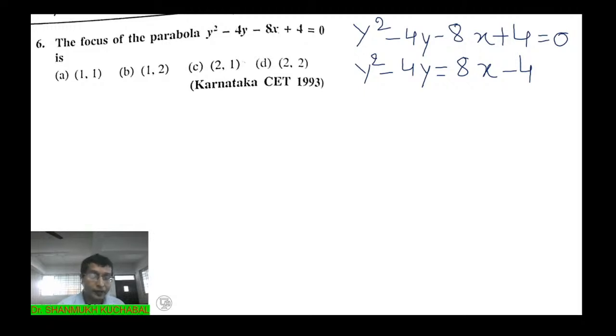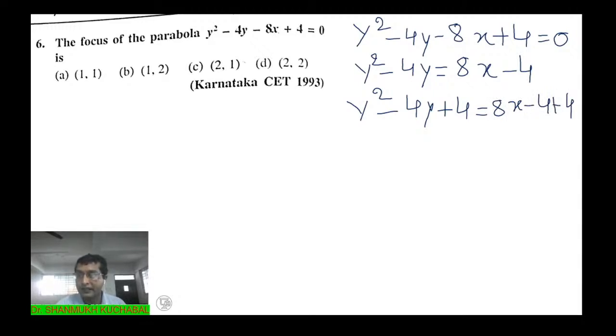Minus 4 divided by 2, we get minus 2. Squaring, we get y square minus 4y plus 4. So we have to subtract 4 in order to balance it. That minus 4 we transport to RHS, and it will become plus. So 8x minus 4 plus 4.